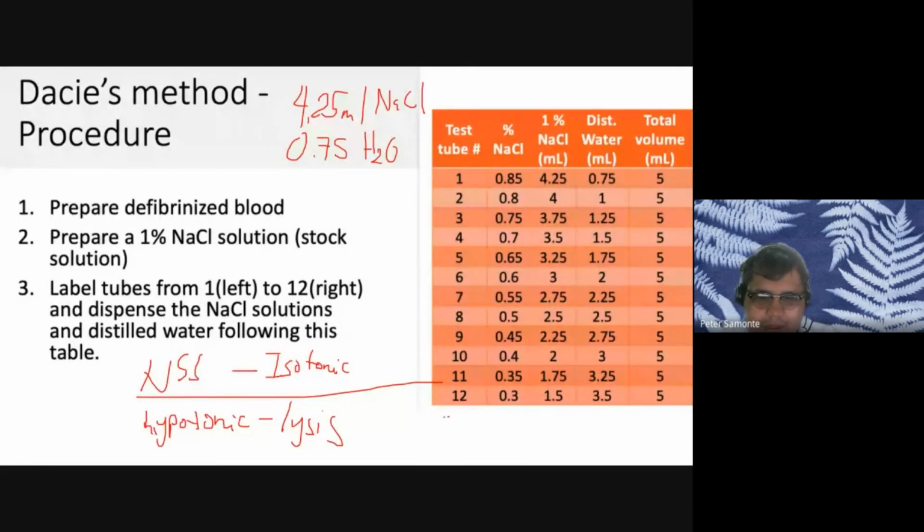What do you think is the content of your 0.0 tube? What do you think? How much NaCl or water does it contain? Based on the pattern of your table.